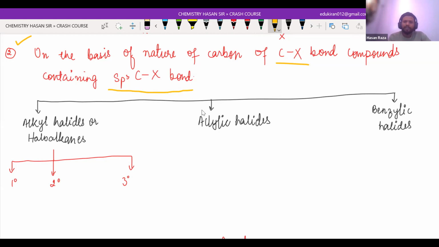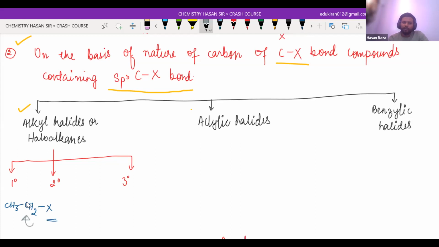So you can see the first one is alkyl halides or haloalkanes, in which we consider 1 degree, 2 degree, or 3 degree. That means primary, secondary, tertiary. You just need to calculate the degree of the carbon to which X is connected.